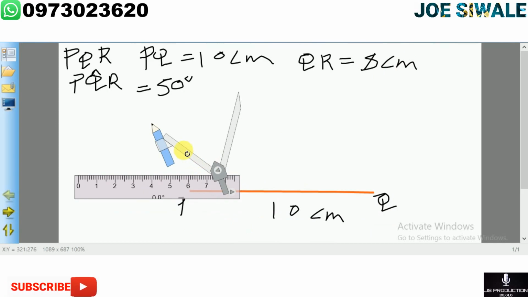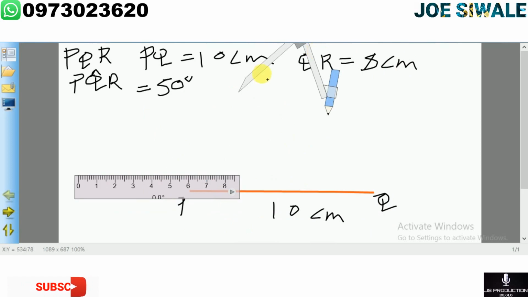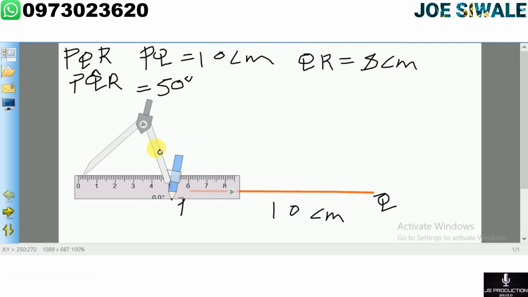Then on this compass I need to measure 8 centimeters. As you can see, I've measured my 8 centimeters.